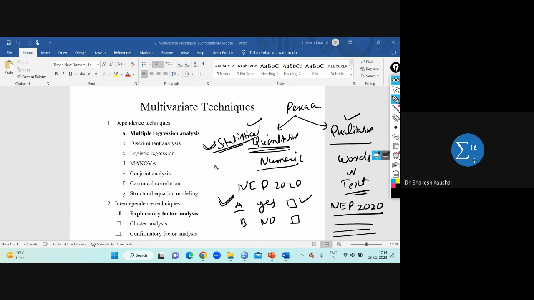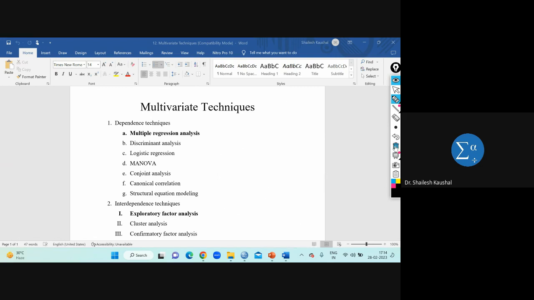All statistical tools and techniques can be used only and only in quantitative research. We do not use any statistical tools or techniques in qualitative research, so the analysis of qualitative research is different. This is a big difference between qualitative and quantitative research.